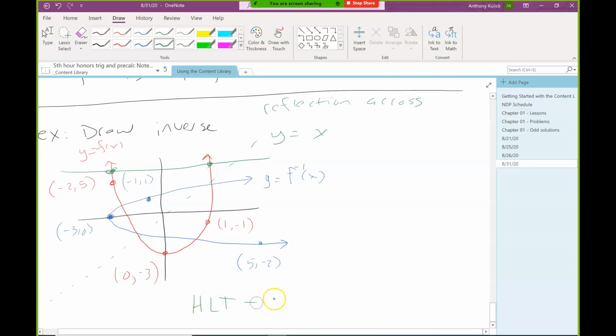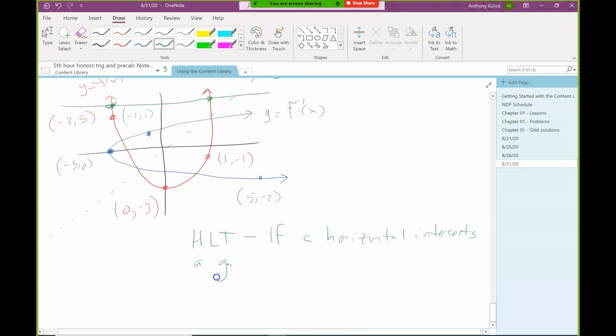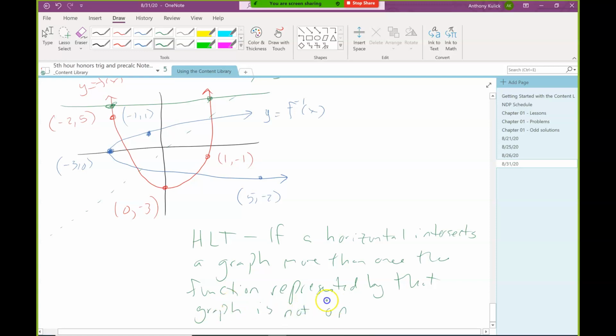So we'll have a horizontal line test that says if a horizontal line intersects a graph more than once, the function represented by that graph is not 1-to-1.